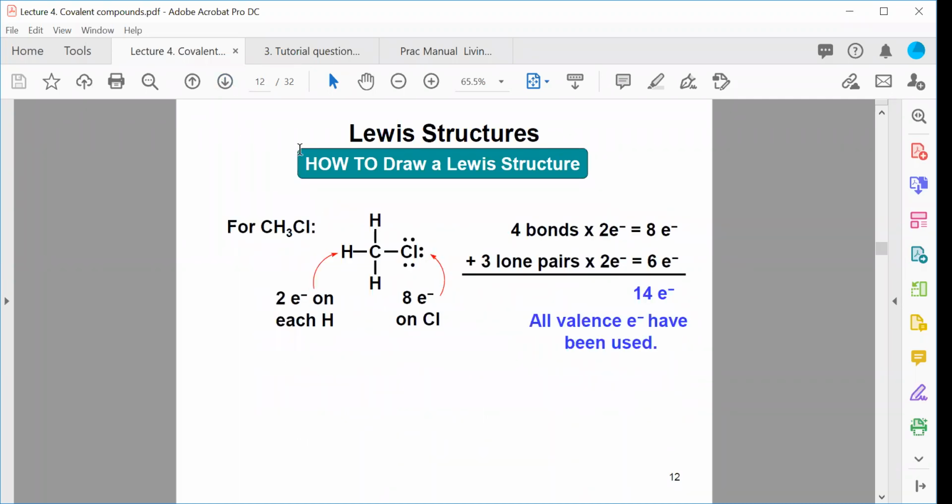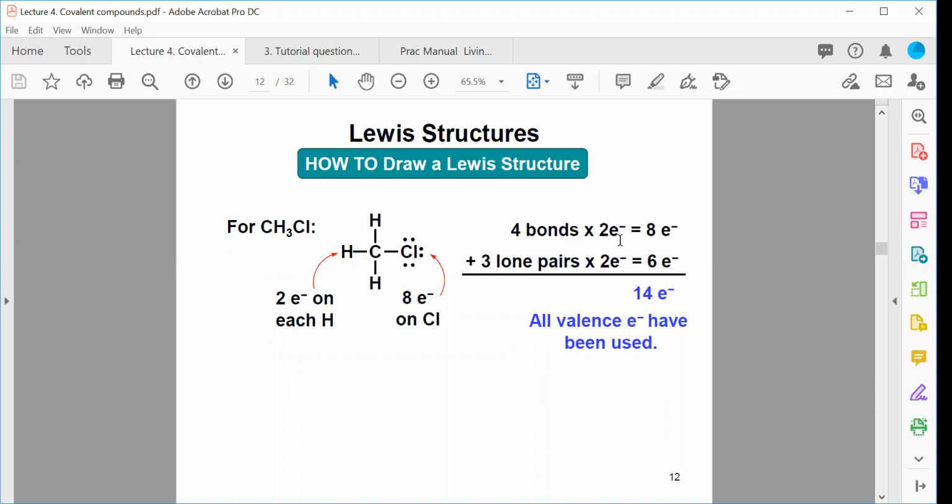All right, here's another example for us. So still on the same CH3Cl, we've got our central carbon here. We put the 3 hydrogens on the outside and the halogen also on the outside here. If we were to count all the valence electrons, that's pretty simple.